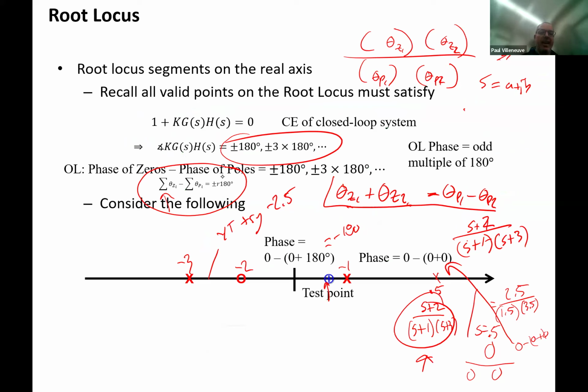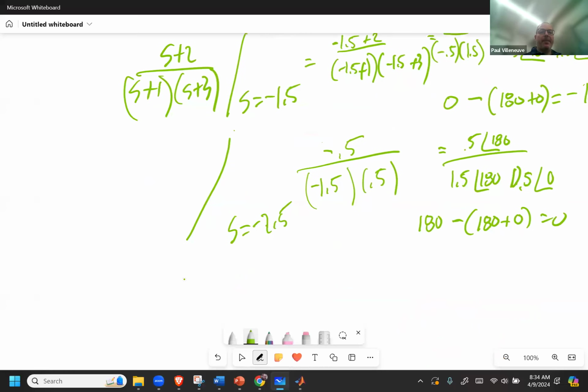So that tells me that I have a root locus that lives here, but none that live here, because I just tried a random test point. So here's that 2.5. We get 180 minus 180 is equal to 0. How about over here? Let's try minus 3.5.